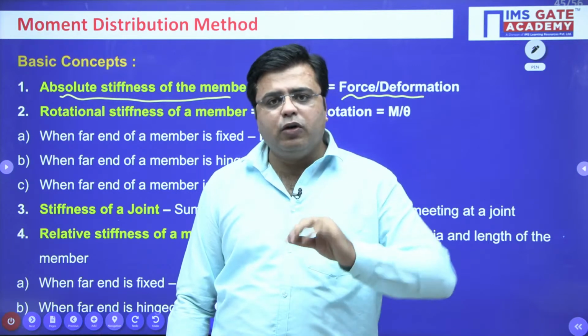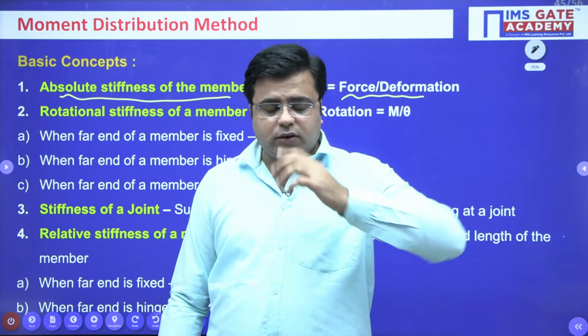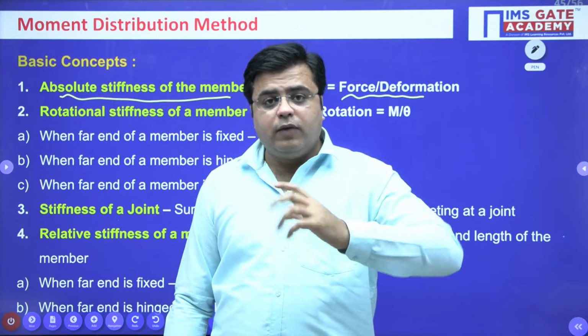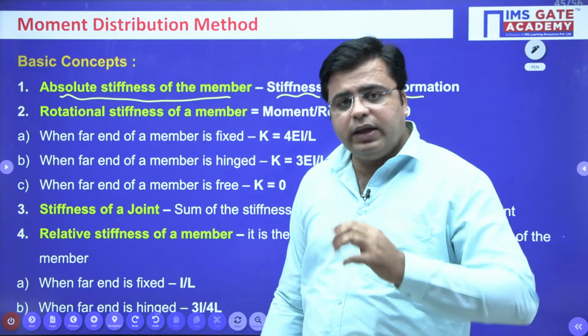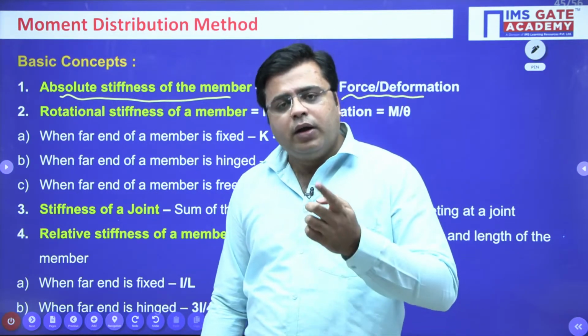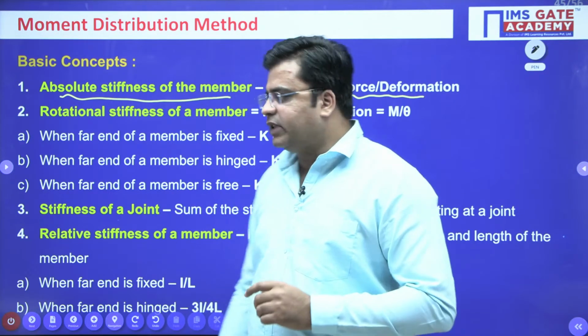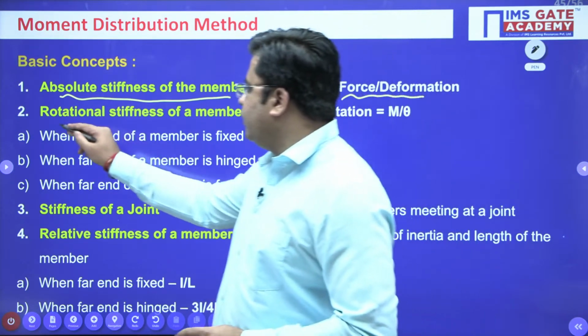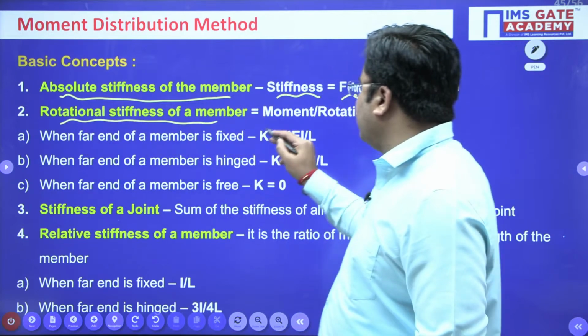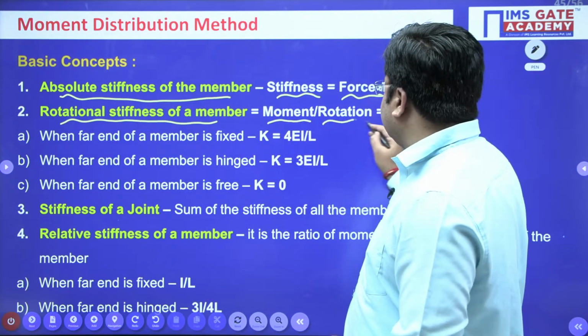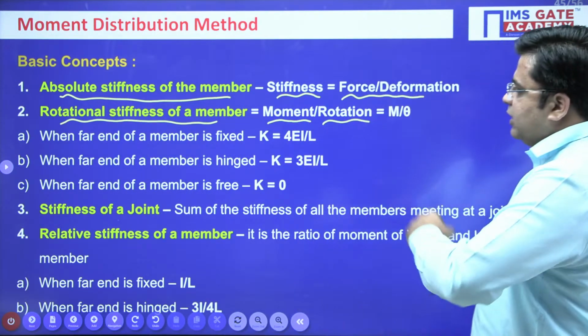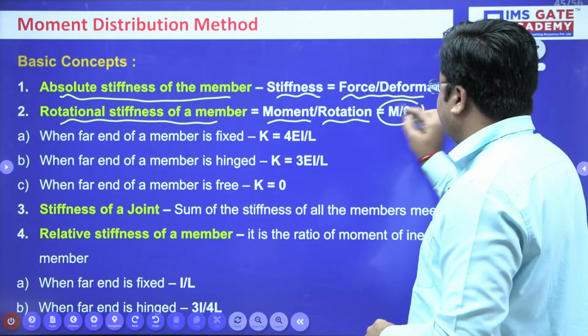If we talk about the flexural stiffness, we are talking about the amount of moment required to cause unit rotation. So rotational stiffness of the member is M by theta, right?